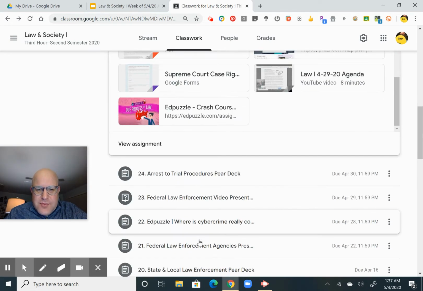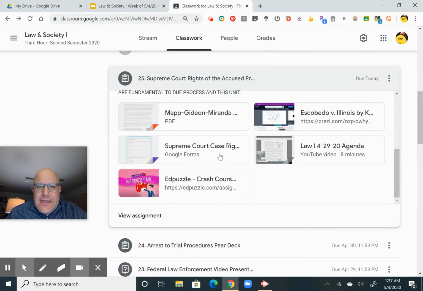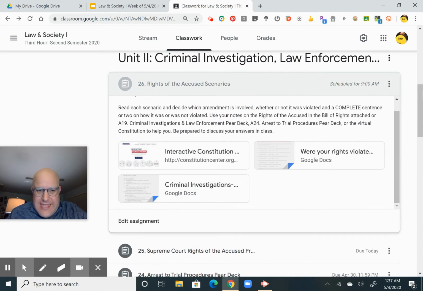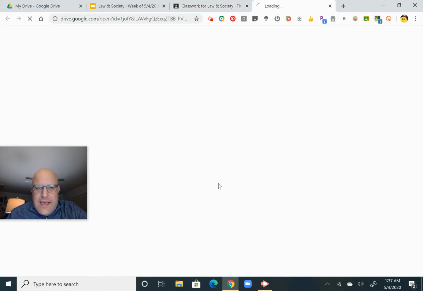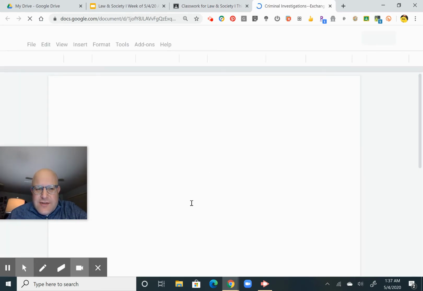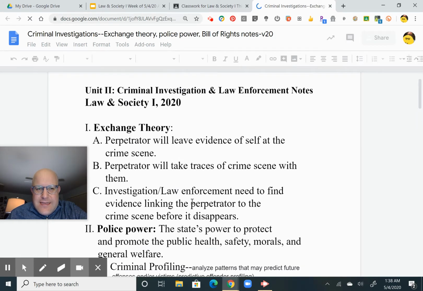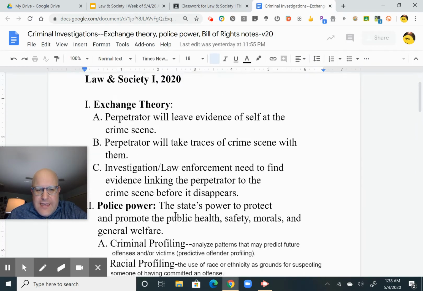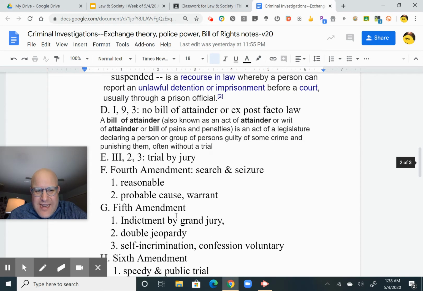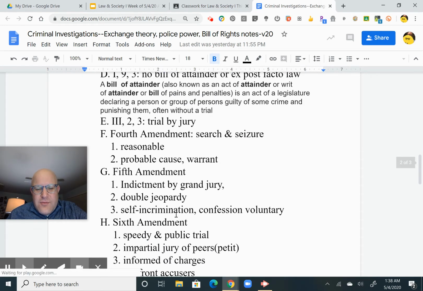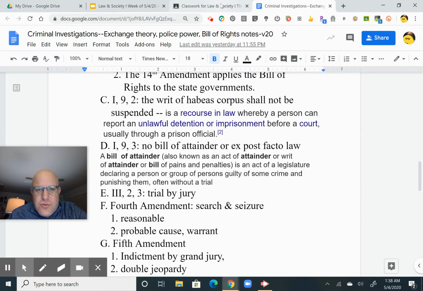As we continue with these rights of the accused scenarios, we've gone through the arrested trial procedures. We've gone through what the amendments say and how they apply. Now we're going to look at some real life scenarios, and that's today's new assignment. There are 3 different things you can look at. Number 1, I attached the investigation notes, essentially the criminal investigation law enforcement Pear Deck, the actual notes I would have given in class if we were doing this on paper, which give an overview of what the 4th, 5th, and 6th Amendments do.